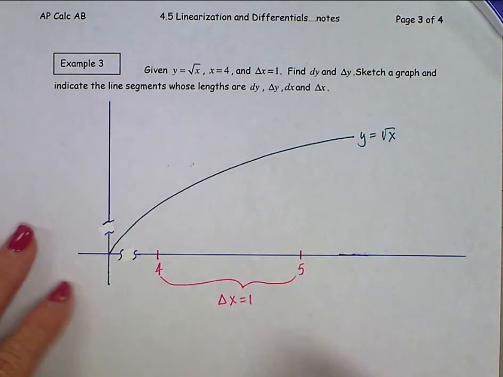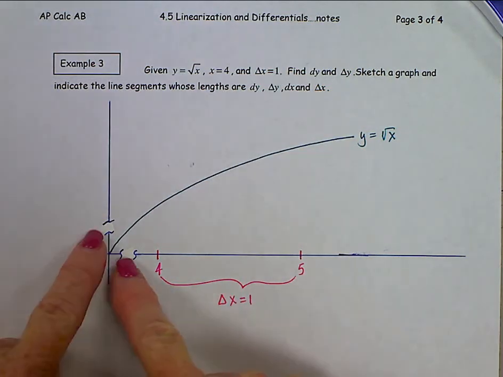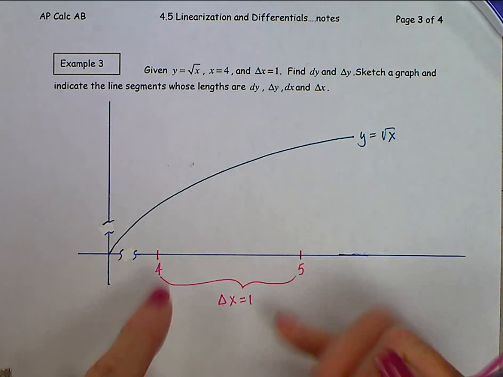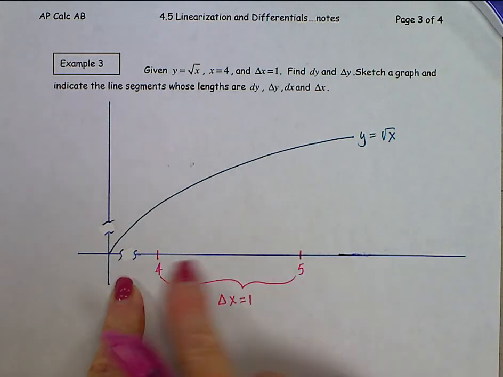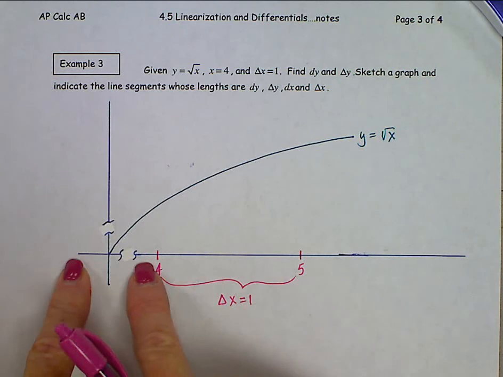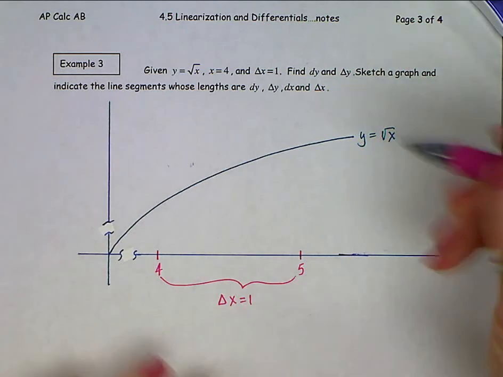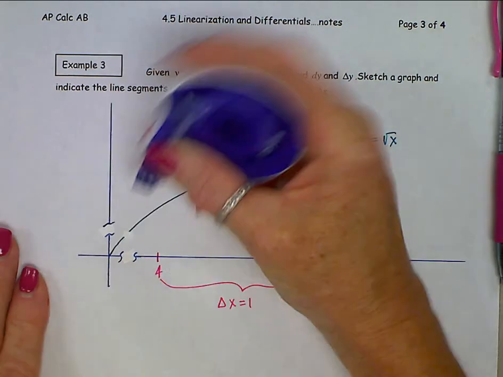All right, clearly that's why I put the break here, because there's no way, if this distance is 1 unit, that distance is 4 units. So I put the break here. Probably should break this graph as well.